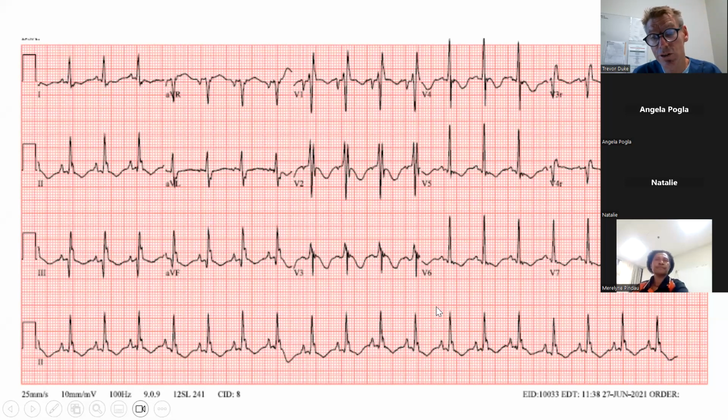And then the question is, where is the block? And remember I said that lead V2 looks directly at the right ventricle, and lead V5 looks at the left ventricle.